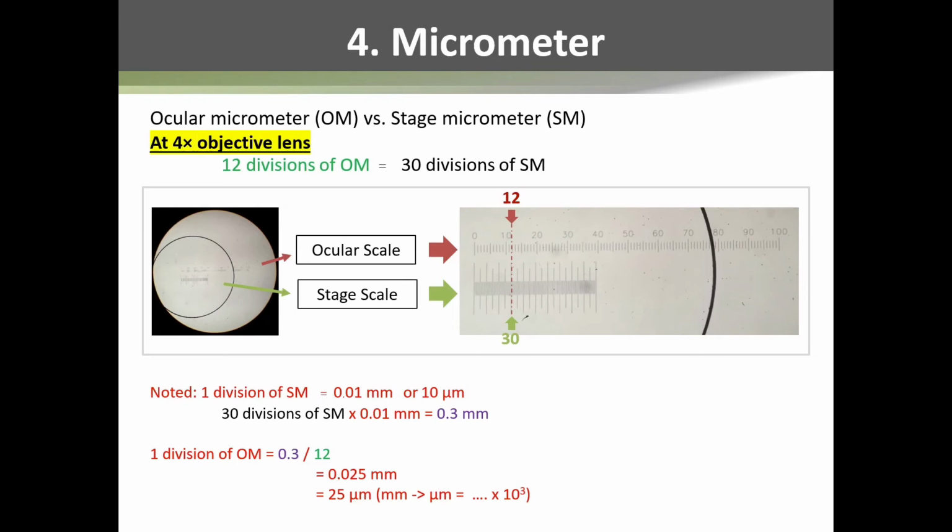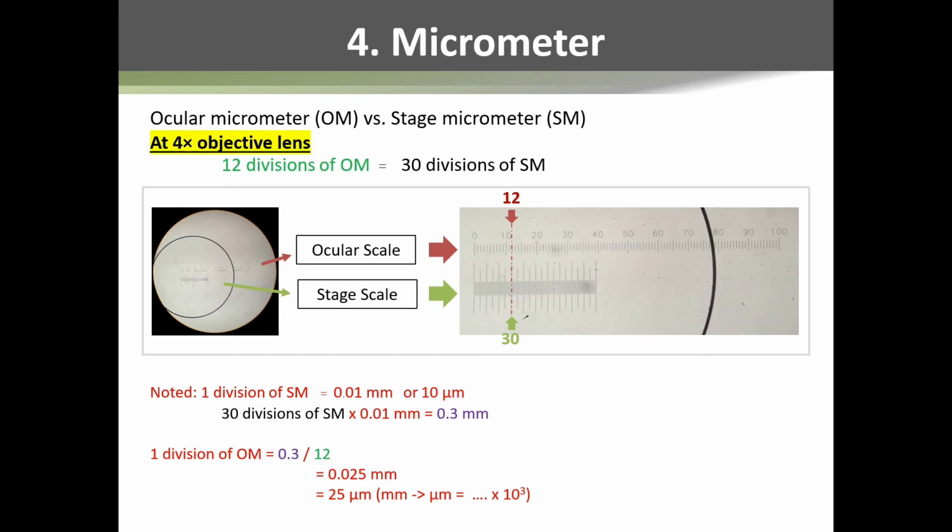This picture is taken from the microscope with low power objective lens, 4x. The ocular micrometer aligns above the stage micrometer in this picture. At 4x, the ocular micrometer appears longer with the number 0 to 100 on it, and the stage micrometer is shorter without any numbers.